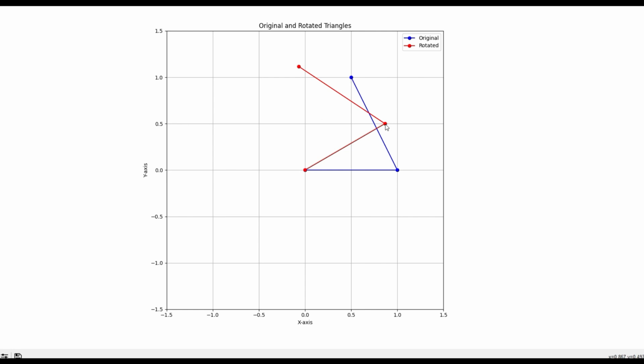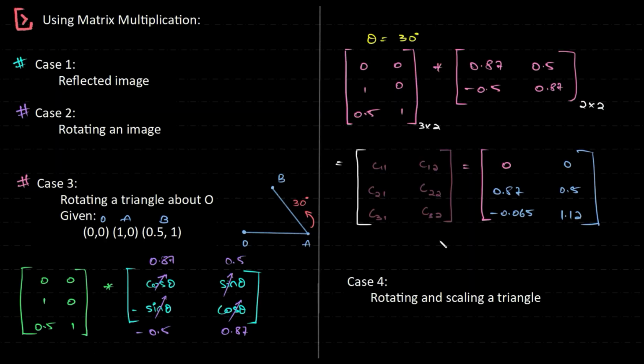Now the rotated values, you can see that it's approximately 0.87 and 0.5. Right, this is approximately 0.67 and 0.5. This is approximately minus 0.05 and 1.12. Okay, and that's what we got over here.